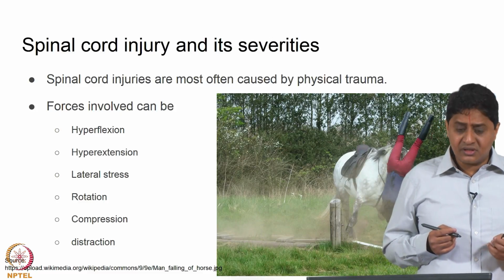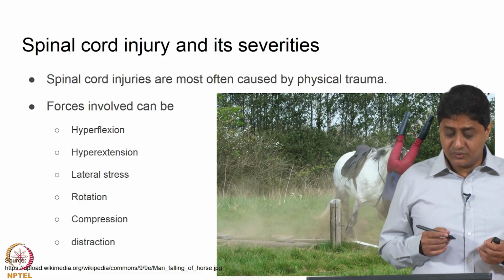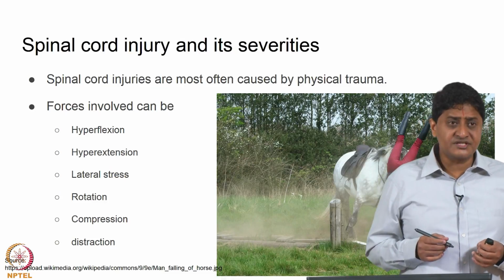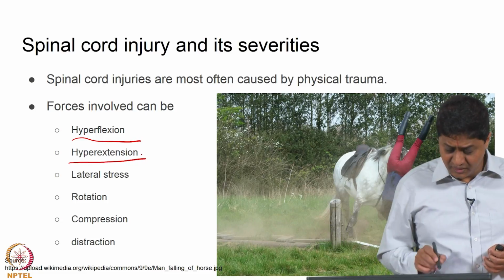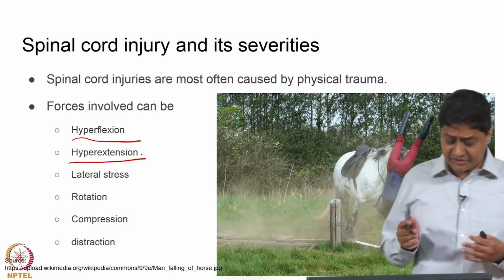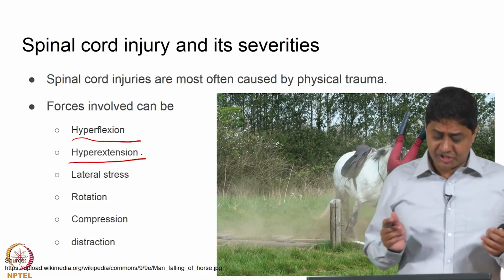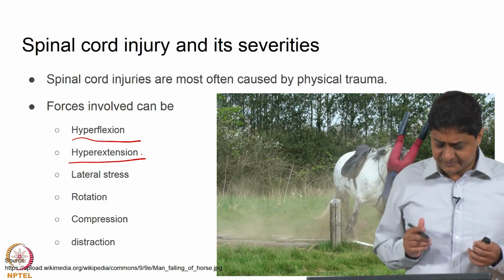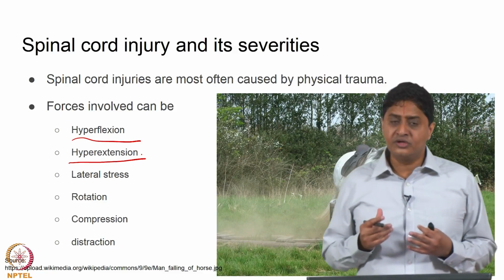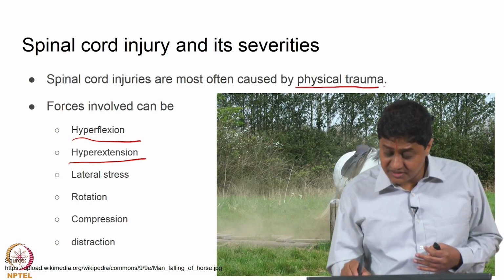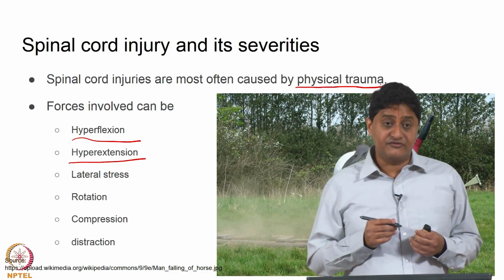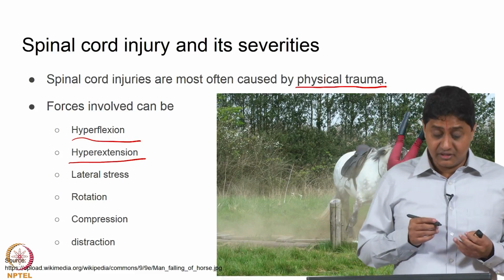What could cause this? Could be due to forces that are exerted in such a way that could cause hyperflexion, hyperextension, stress in the lateral direction, rotation, or too much compression. Any of these could lead to physical changes to the integrity of the vertebral column and the spinal cord.